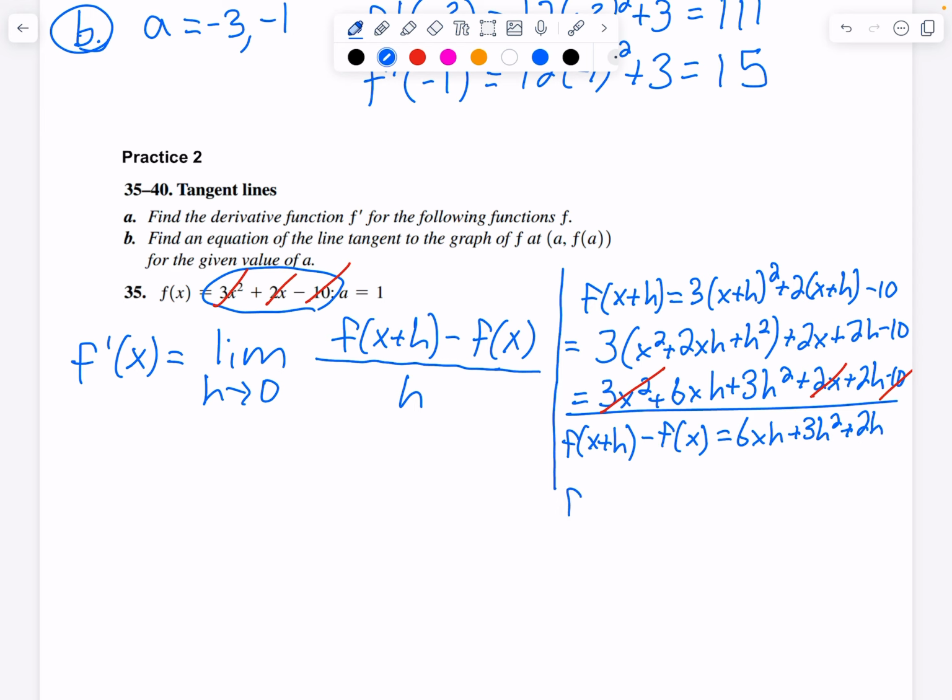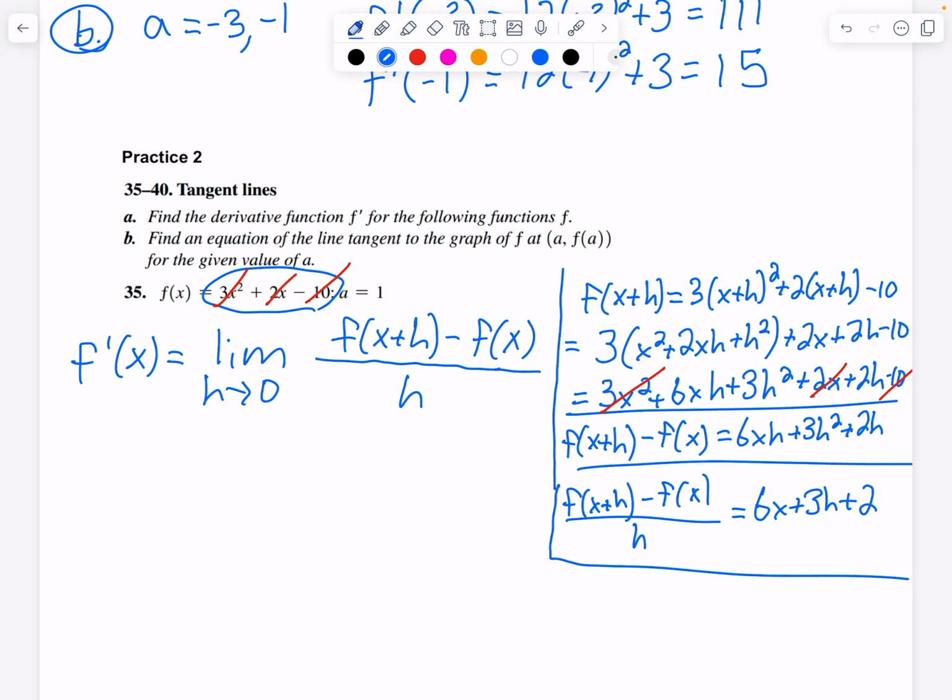Right, the next one I got to do is f of x plus h minus f of x, that's what I just had, and I'm going to divide by h. Each term has an h in it, so I get 6x plus 3h plus 2. And I'm simplified down now, so I'm going to use that in my limit.